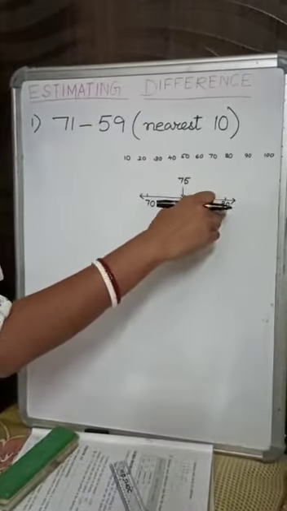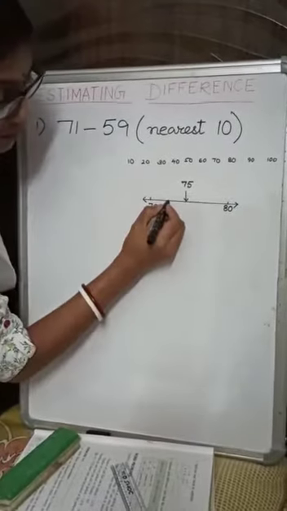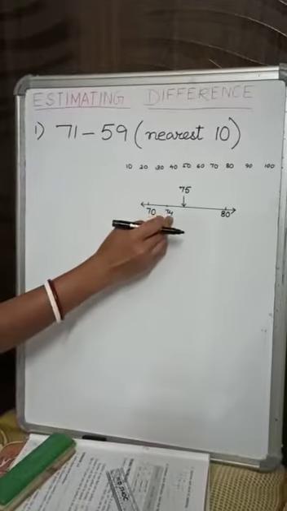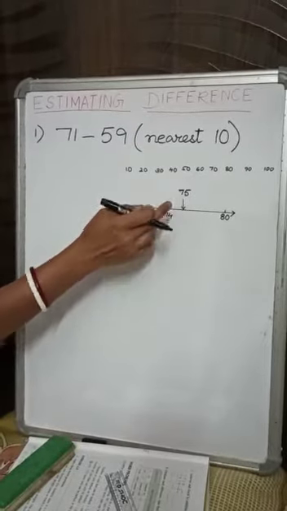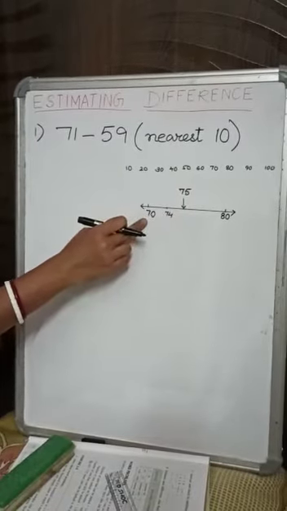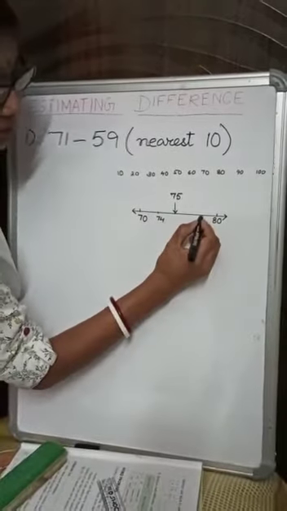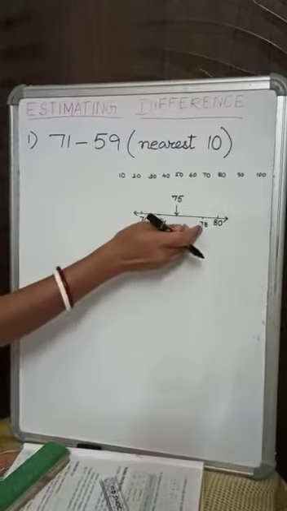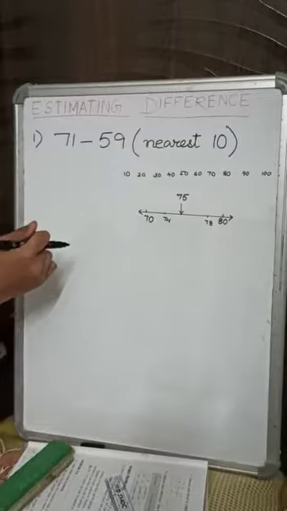be rounded up. For example, suppose my number is 74. Since it is less than the middle number, 74 will get rounded down to 70. And suppose my number is 78. If you have to round it off to the nearest 10, what will you do?